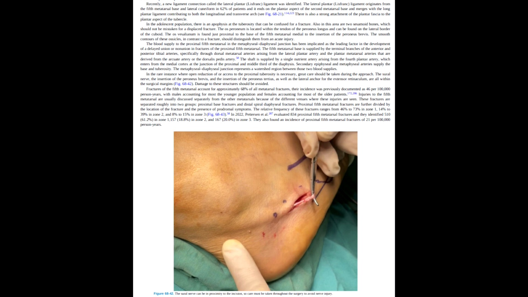They occur more frequently in males for Zone 1 and more commonly in females for Zone 3 stress-type injuries. Mechanisms vary by zone: inversion injuries for Zone 1, adduction stress for Zone 2, and repetitive microtrauma for Zone 3.